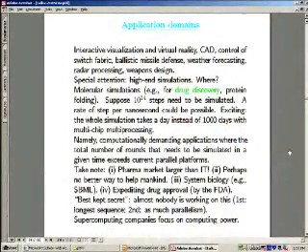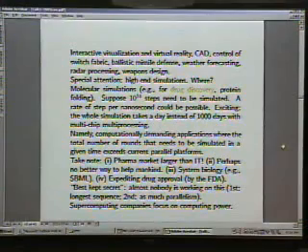Some application domains. So you perhaps know the list as well as I do, at least some of the people in this room, but let me mention a few applications. Interactive visualization, virtual reality, computer-aided design, control of switch fabric, ballistic missile defense, weather forecasting, radar processing, weapon design.